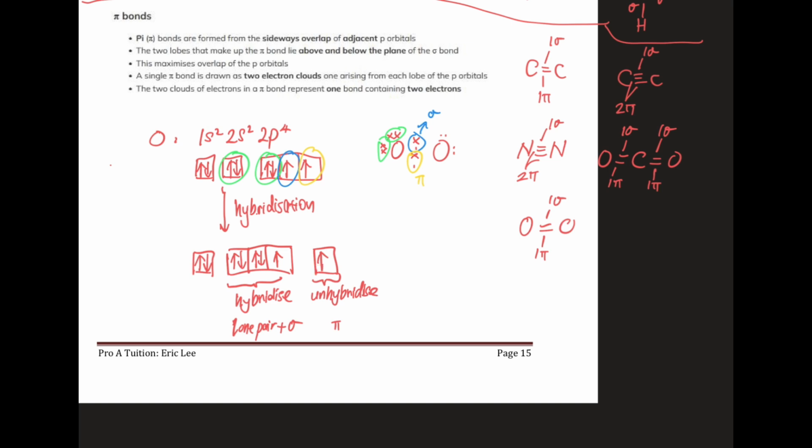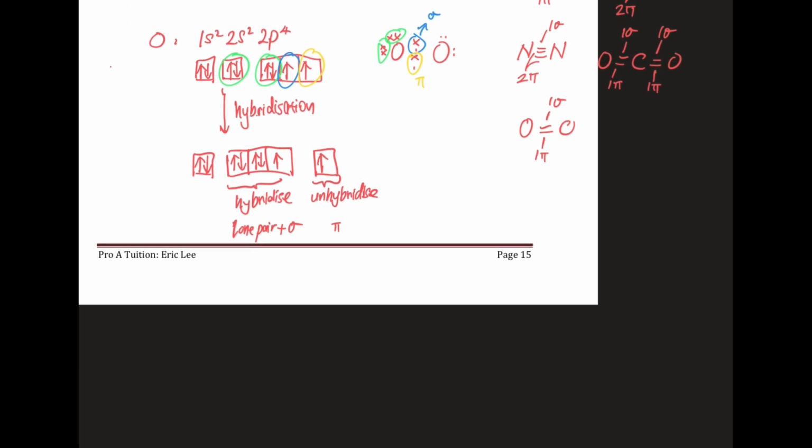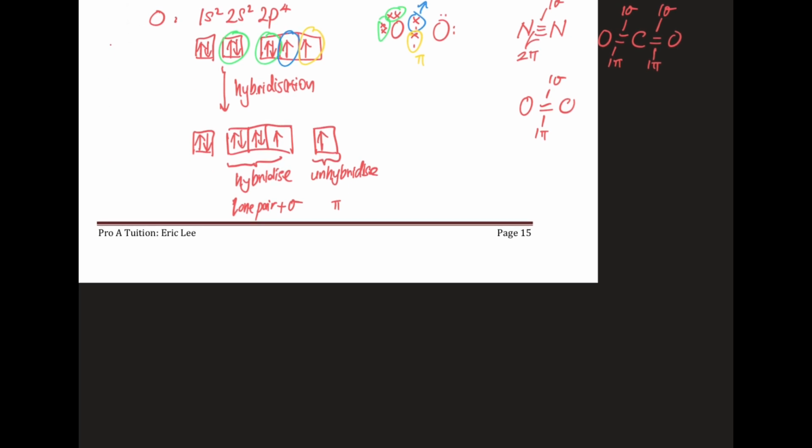How it looks like, let's say I draw it out. The diagram will be more complicated. First you need to know this is the p orbital. The p orbital is dumbbell shaped. After hybridization, the dumbbell shape looks a little bit different, like this.